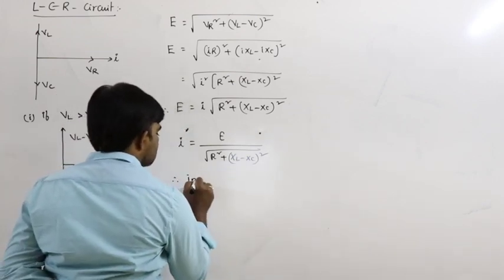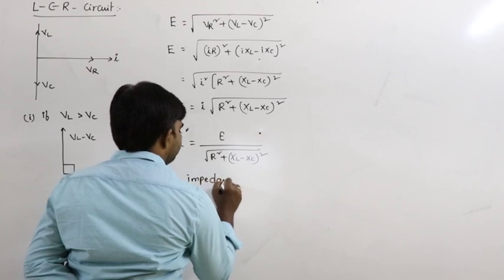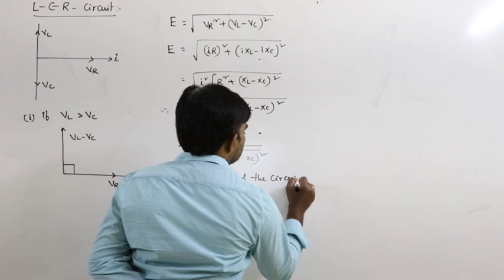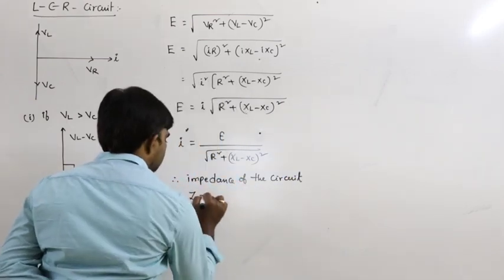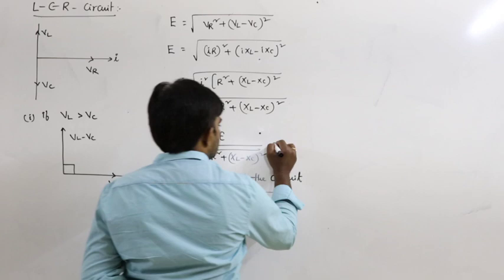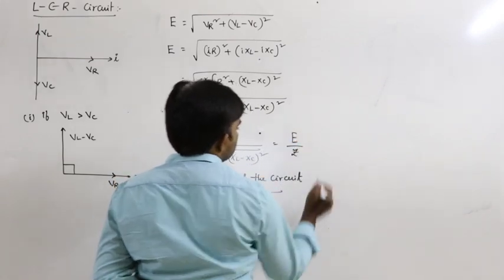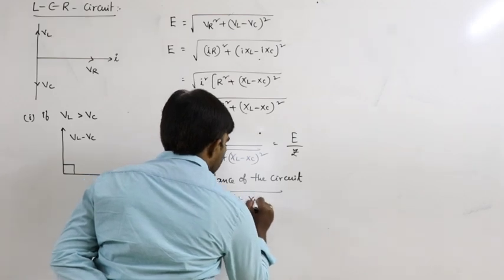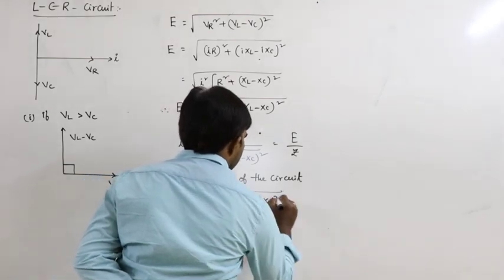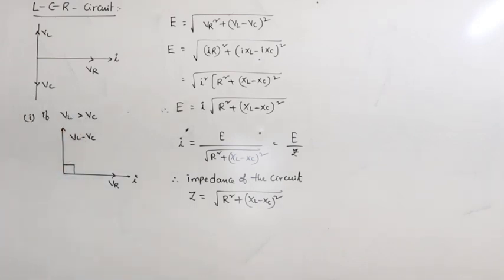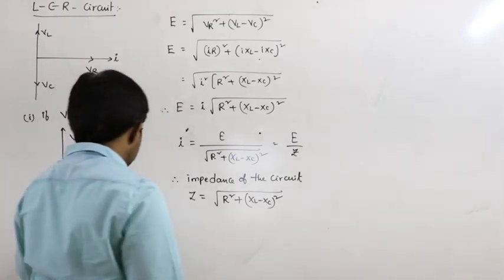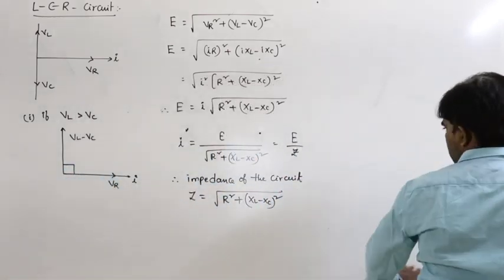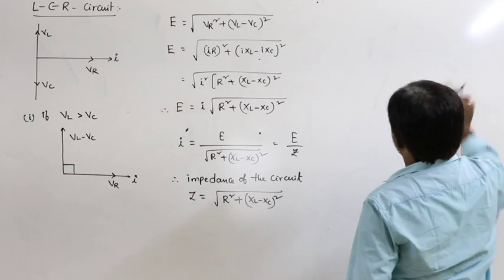Therefore impedance of the circuit, total impedance Z, generally it is considered as E by Z. So therefore Z is equal to under root R square plus XL minus XC whole square.